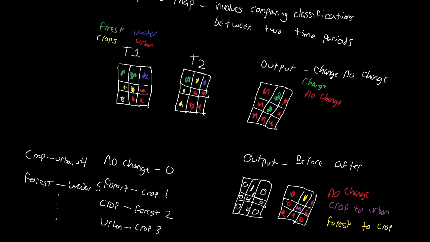Because we're dealing with imagery, those numbers will be displayed with colors, and the colors will be at random. The important part is that there's a key that goes from the color to the number, from the number to whatever the change is. So again, change, no change, if it changed, if it didn't. Before, after, we have the different types of change being called out specifically.